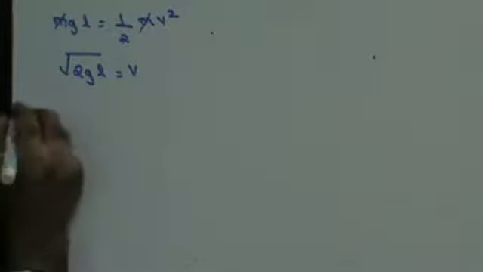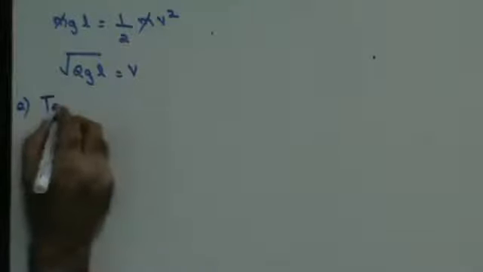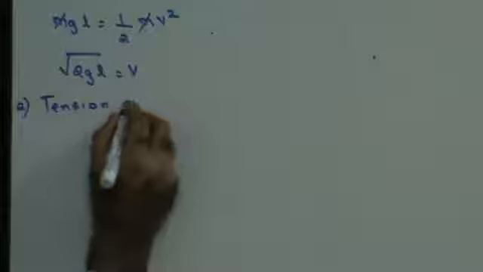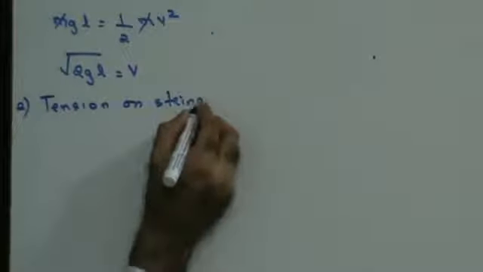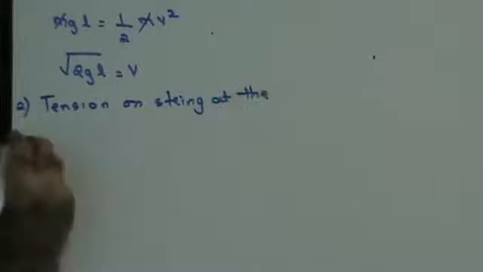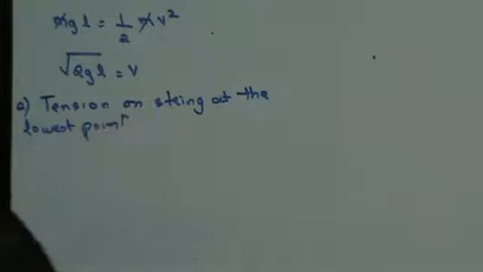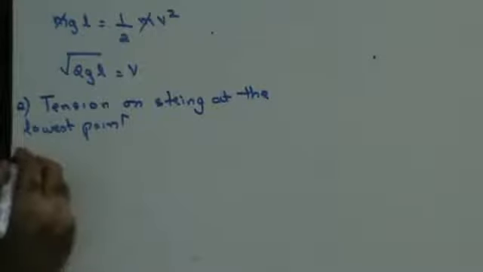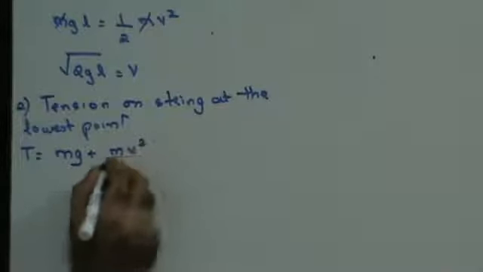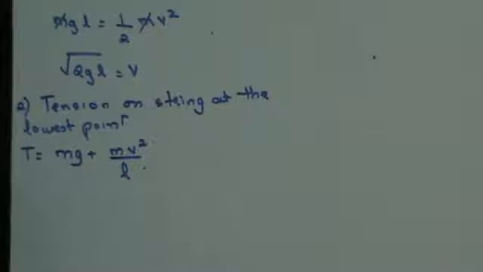Now, once you have this, next, they've asked you to find out the tension on the string at the lowest point. Tension on string at the lowest point, T, will be nothing but the weight of the bob acting in downward direction plus mv square by L. Right?